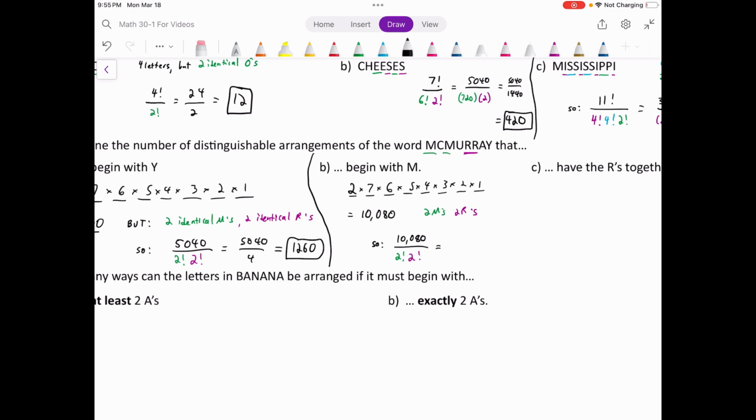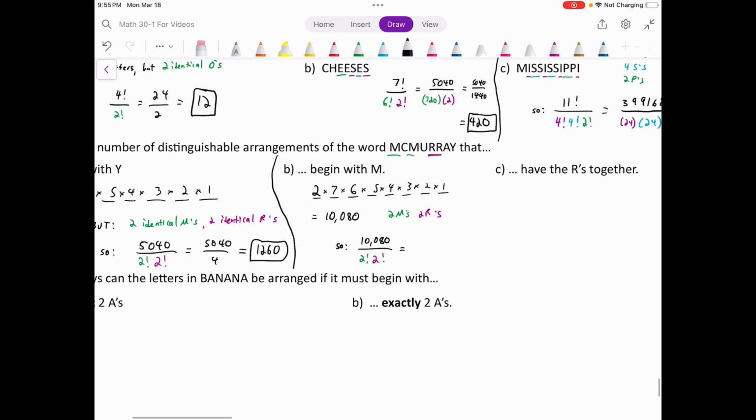We multiplied by the 2 factorial because that was thinking about switching around the 2 M's. We multiplied by another 2 factorial, a factor of that many different arrangements where really all we had done was switch around the 2 R's. So that's 10,080 over 4, giving us 2,520.